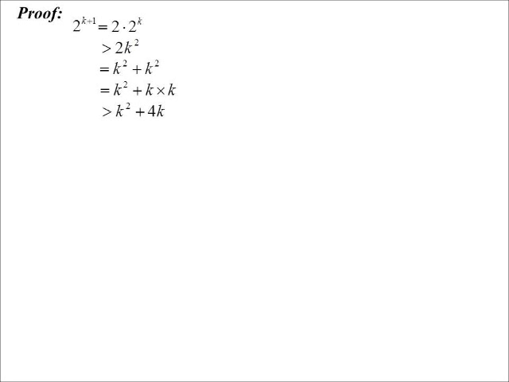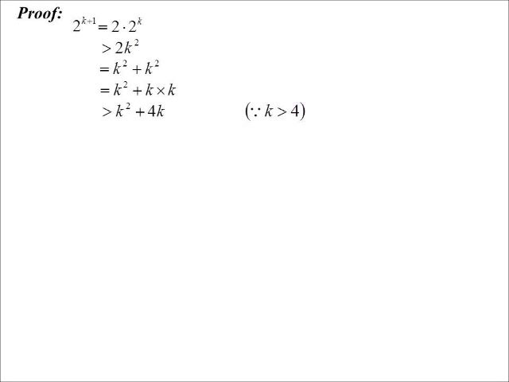Not only did we assume that 2 to the power of k was greater than k squared, we also assumed k was greater than 4. And that's the assumption that I'm using here. So k times k must be bigger than 4 times k. Okay? So I've used that part of my assumption. K is greater than 4.